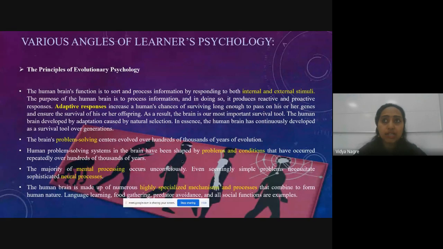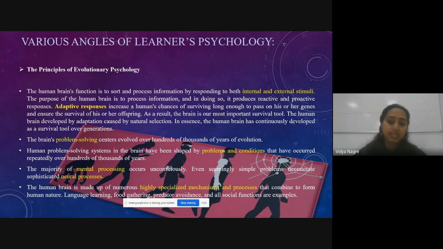Let us first understand what is stimuli. Stimuli is a kind of object or kind of product. There is a theory called classical conditioning that we will be discussing soon. So stimulus and response is a chain together. Stimulus is something, the kind of trigger or the kind of environment we provide to the learner.